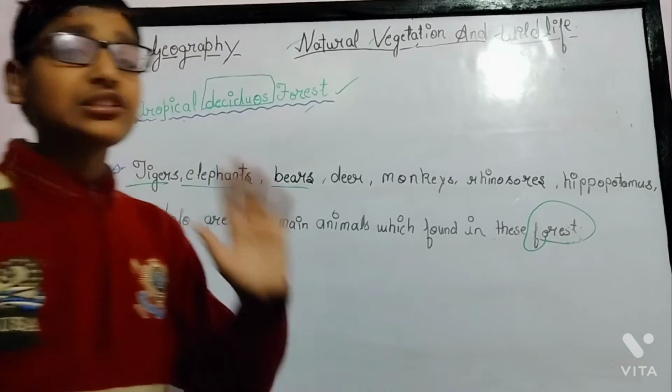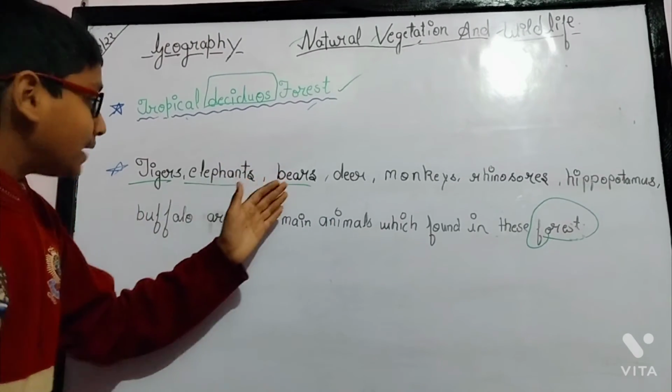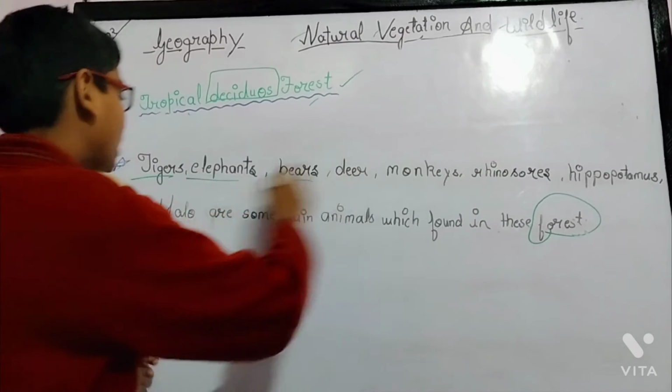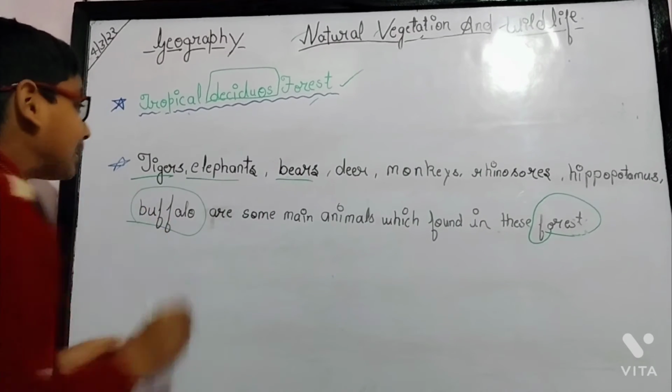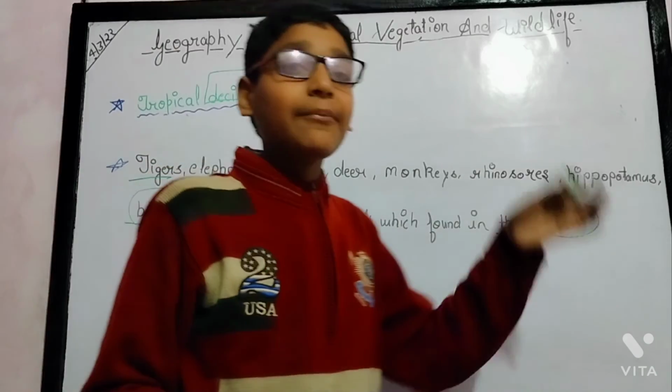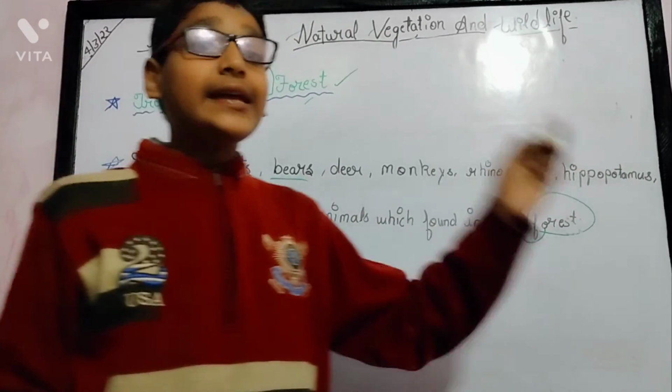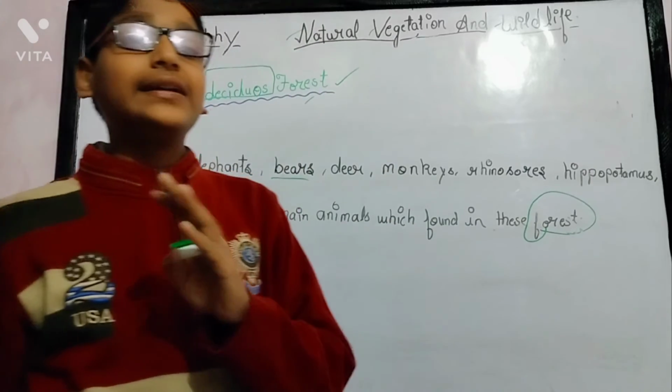These small animals are also found, but these animals are the main ones. Tigers, elephants, bears, monkeys, rhinos, hippopotamus, and buffaloes are some main animals of these forests, but there are some small animals also, like rabbits.